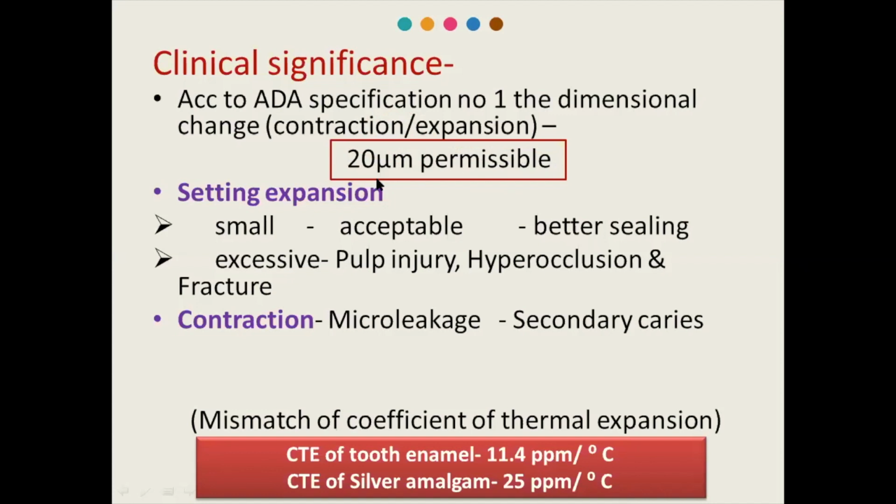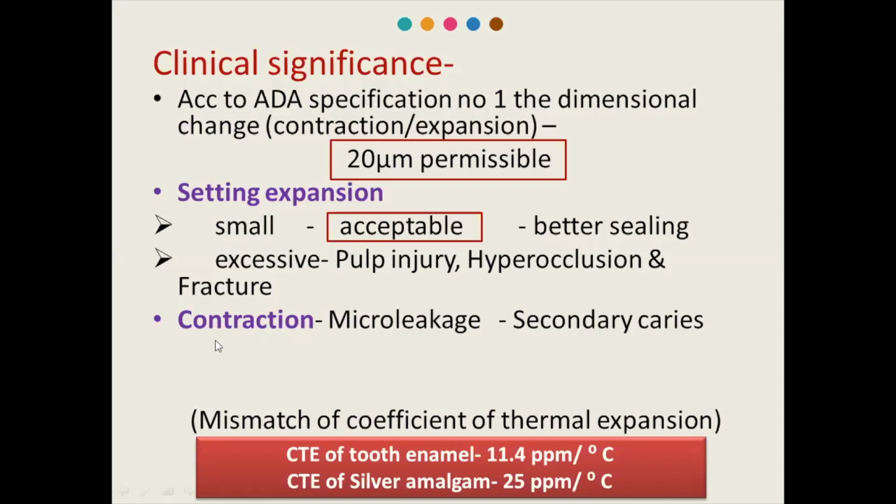In case of setting expansion, if it is small, it is acceptable, and acceptable means it causes better sealing between the tooth margin and the restorative material. So it is good if it is expanding. But when it is excessive, it causes pulp injury, hyperocclusion, and ultimately fracture of the restoration, which we see in the case of delayed expansion.